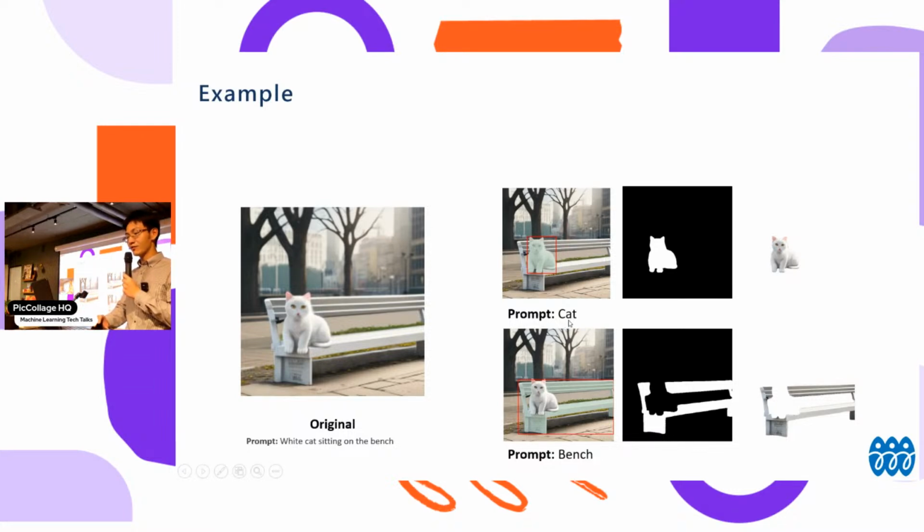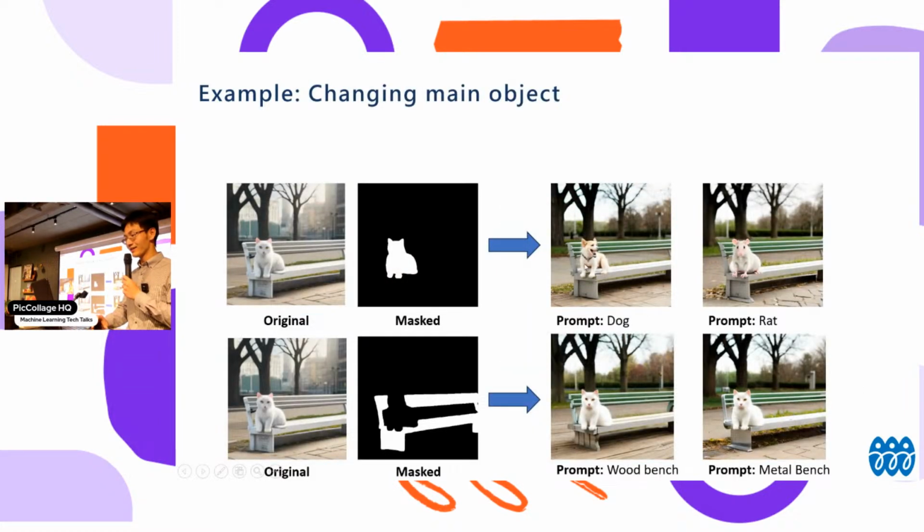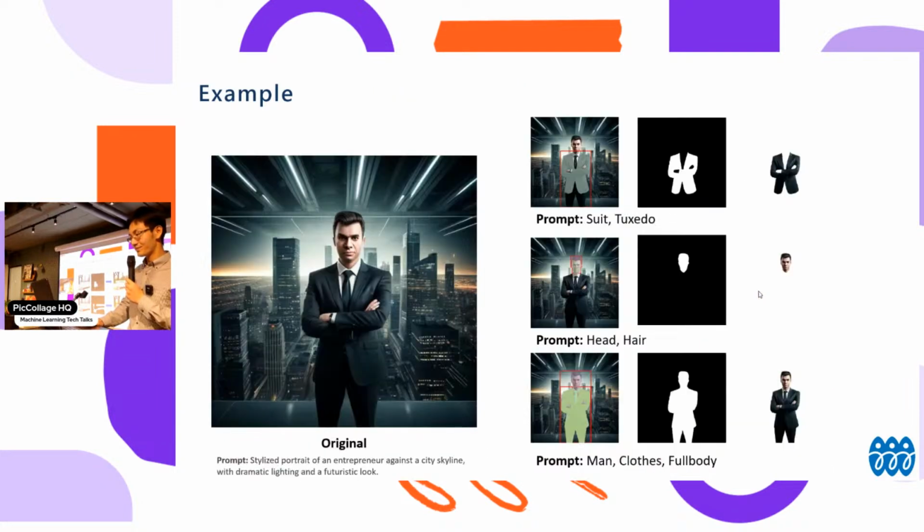We just need to change the prompt, such as to cat or even bench, so it can detect the bench or the cat, and we mask it and change it into another one, such as a dog, a rat, or this one, where the bench is changed to wood or metal. So actually, it can detect anything, and we can use this kind of feature to change or create another image.